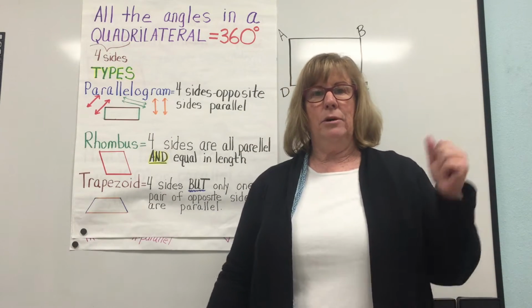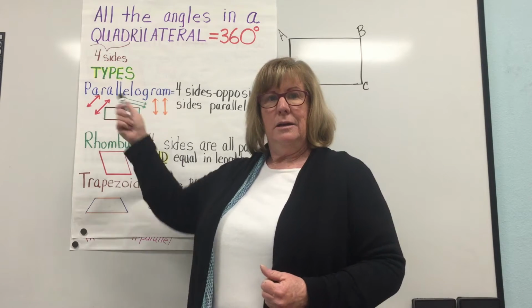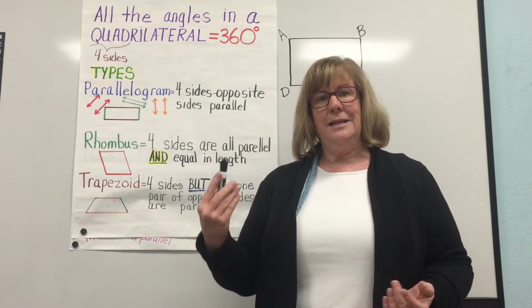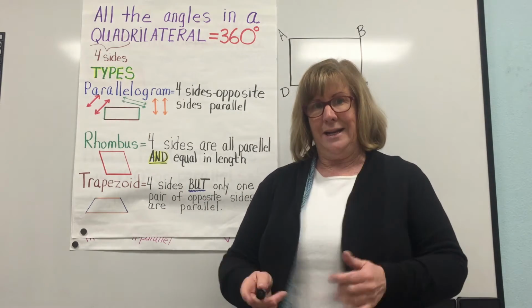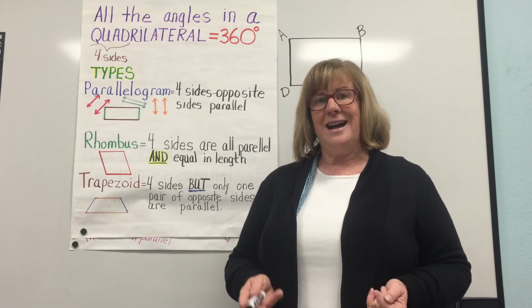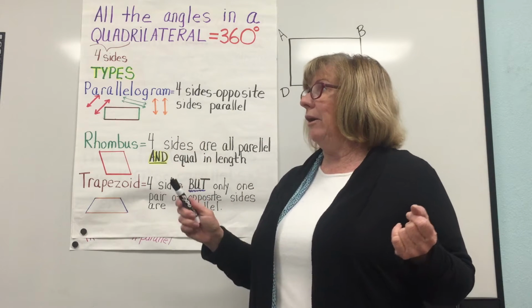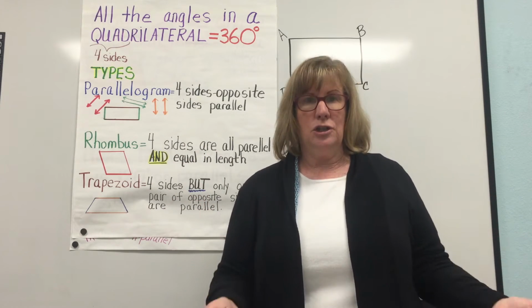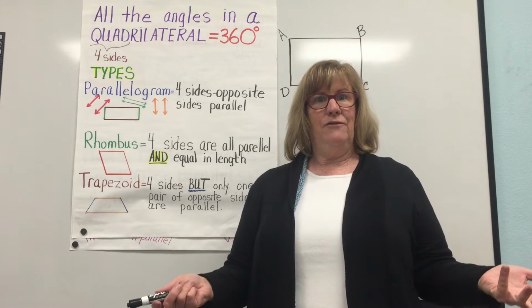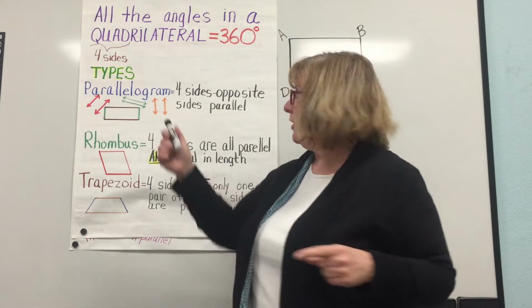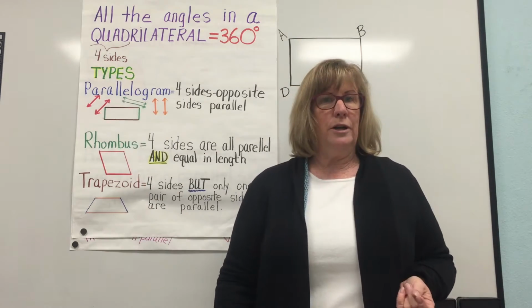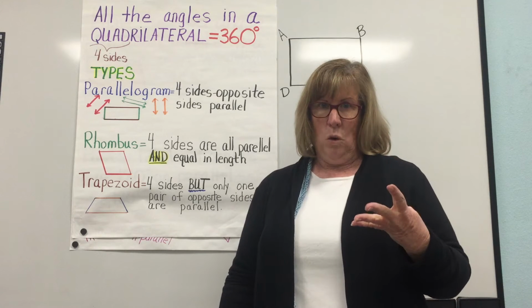Also, if you remember, each corner is an angle. And an angle on the rectangle is 90 degrees. An angle on the corners of a square, 90 degrees. How many vertices, or corners, does a square and a rectangle have? 4.